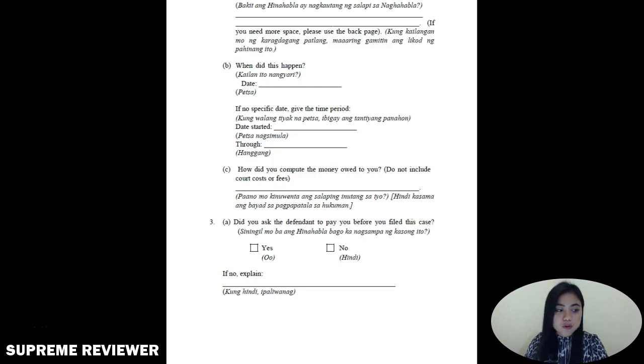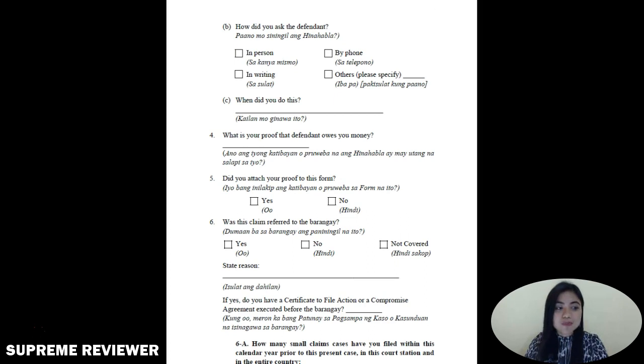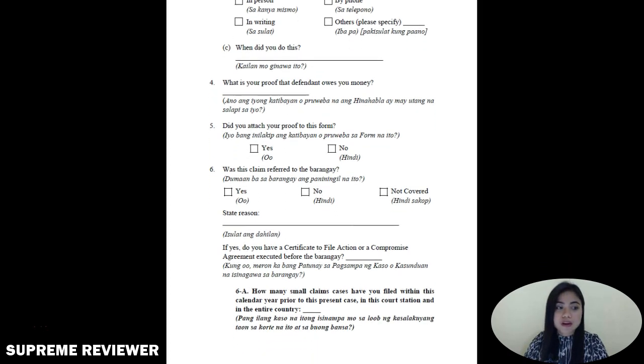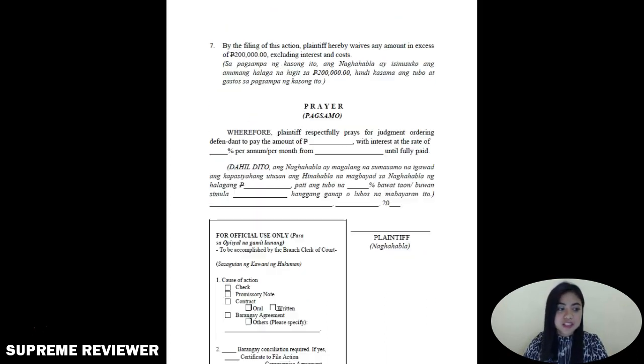So there are forms, or you can check yes or no. Number 4, what is your proof that the defendant owes you money? Of course, the document, it indicates the document or refers to the document that the action is based. And then number 5, did you attach your proof to this form? So you have yes or no there. Was this claim referred to the barangay? So there's yes, no, and not covered.